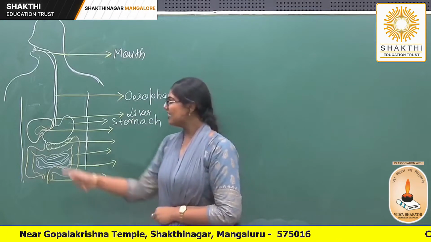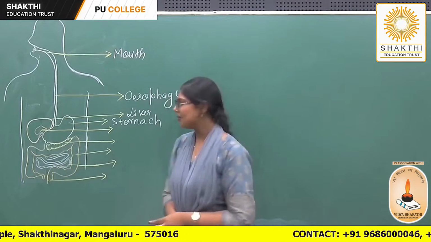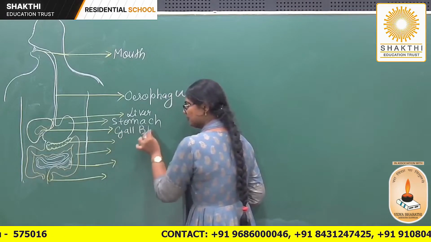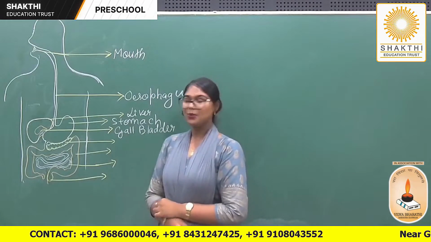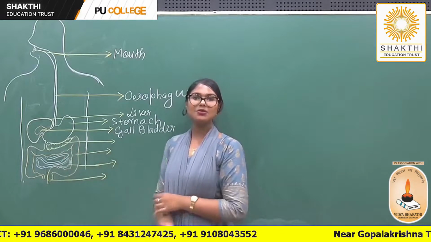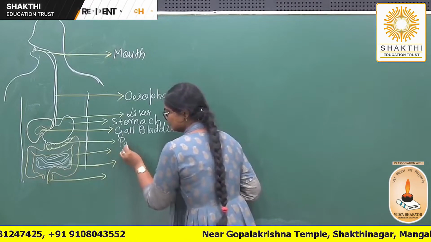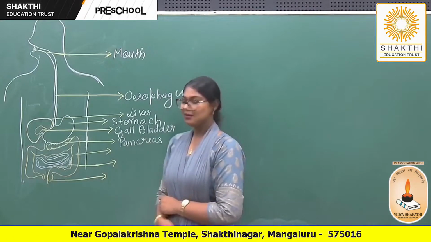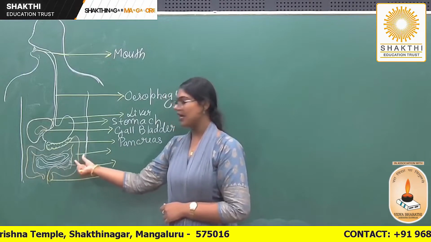Present inside the liver is a small part which is called as the gallbladder, whose function we shall see later. Coming down, we have this organ below the stomach which is called the pancreas. Below are two pipes, the smaller pipe and the larger pipe.